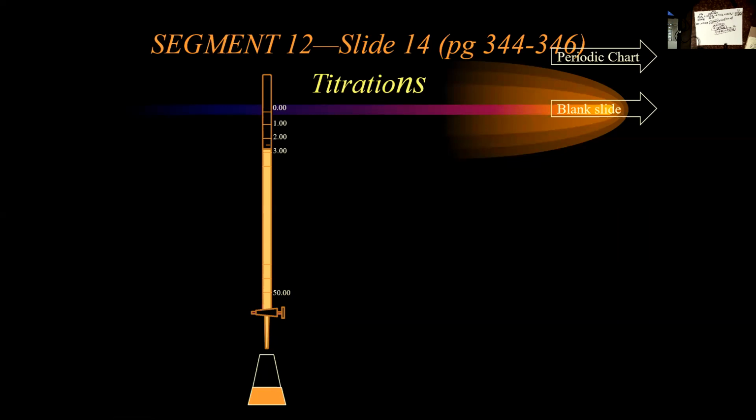And if you know the molarity of the solution, you can tell how many moles of reactant you put in. Now, if you run that past the 50, guess what? You've got to start all over. There's no calibration down here, no way to judge how much you went over. So you never want to go above 0 or below 50.